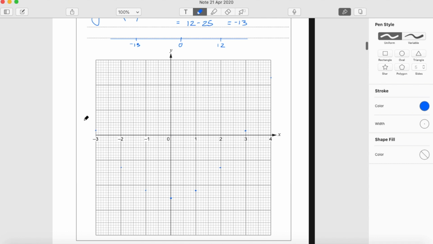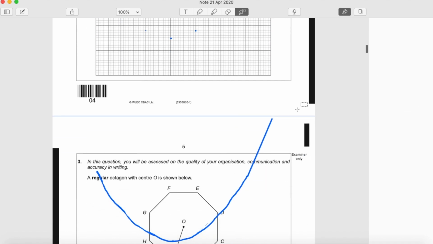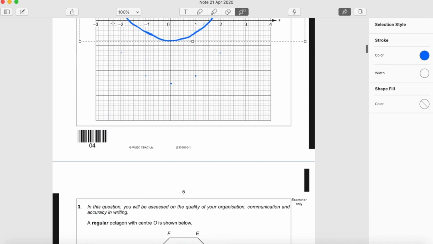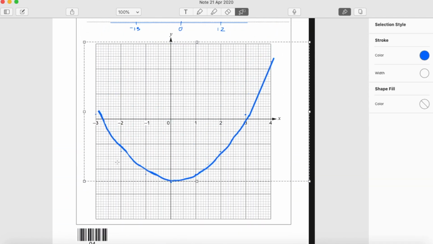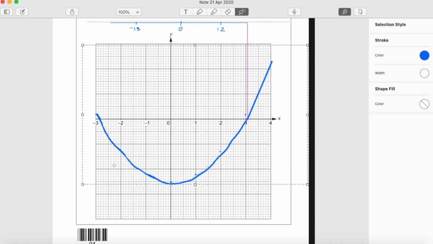We need to join these with a smooth, continuous curve. So use a nice sharp pencil and draw a nice, smooth, continuous curve, freehand, joining all these points. It's quite hard to do with my electric pencil I've got here, so I did one earlier. I'm just going to move that up. So something like that.